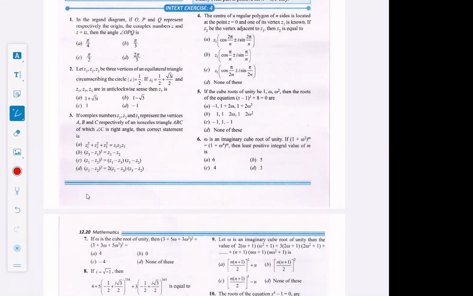Have you solved this? Second one. So do you have any other doubt? Do you have any other doubt in this exercise?